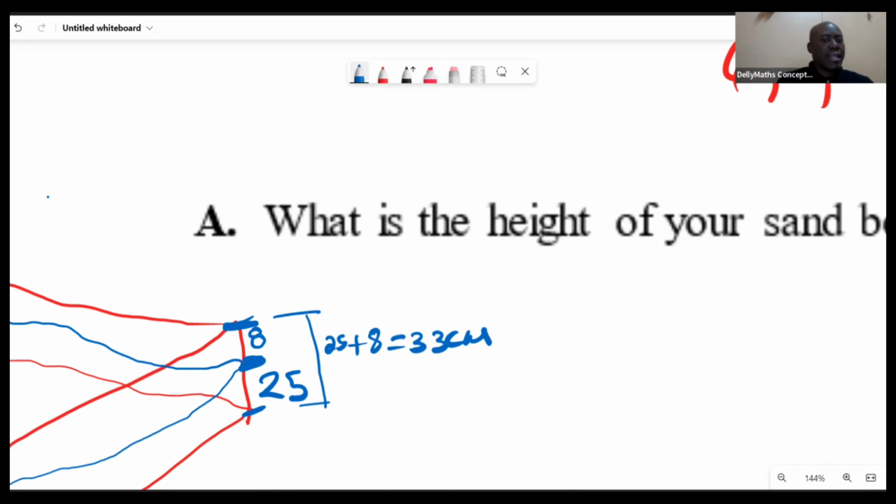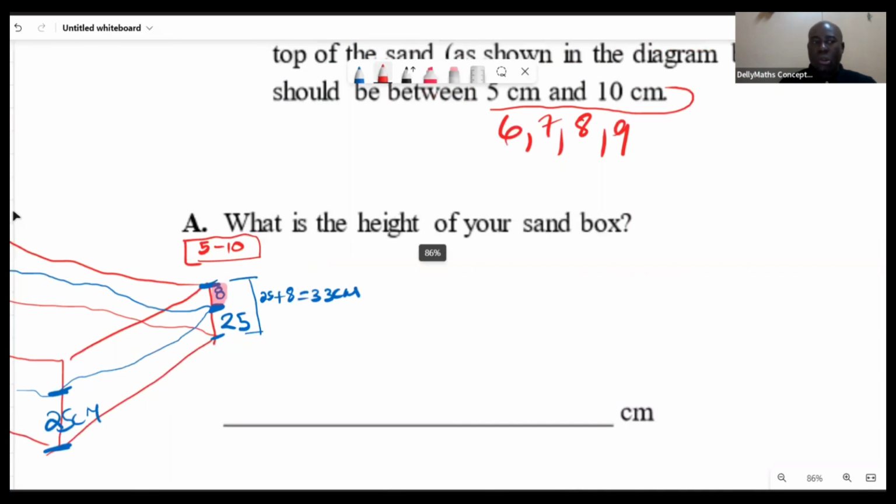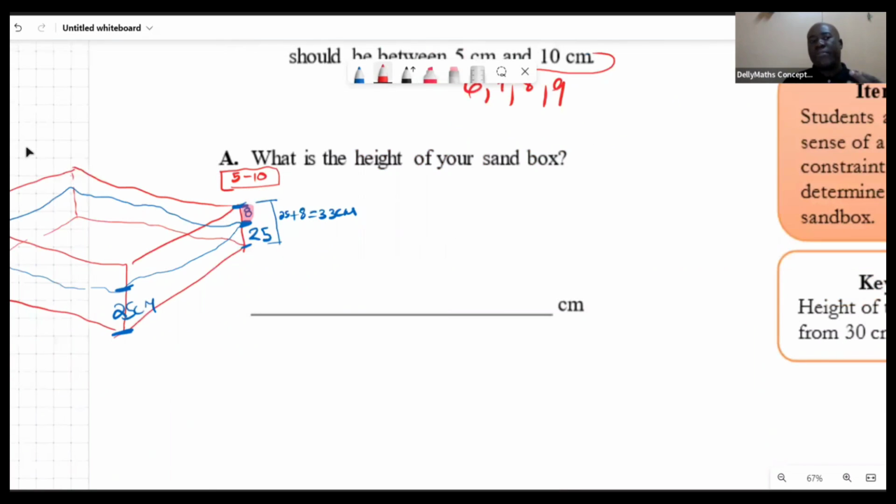Now, I want you to understand that you could have chosen any number to go where 8 is. So where I have my 8, you could have had numbers between 5 to 10. That's what the instruction said, right? I chose 8. So I would have to add that 8 to the 25, which is the amount of sand in the box. So different people would have different responses and still would be correct.